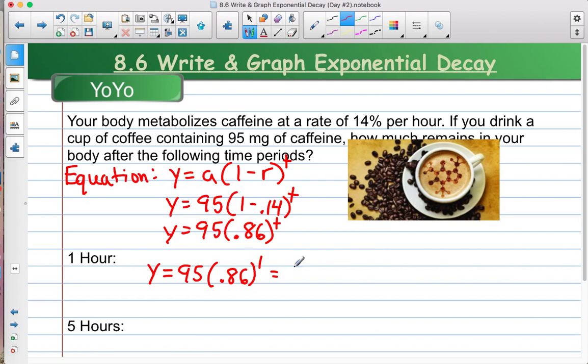I get 81.7 milligrams. So still quite a bit of caffeine left in your body after 1 hour.